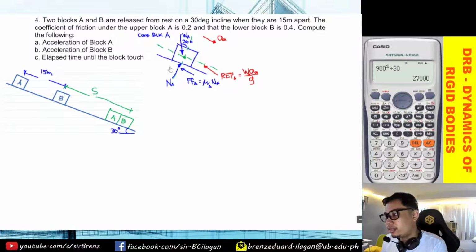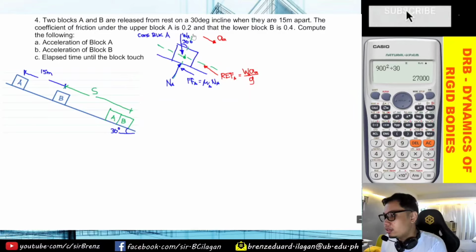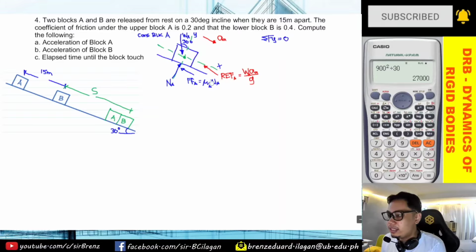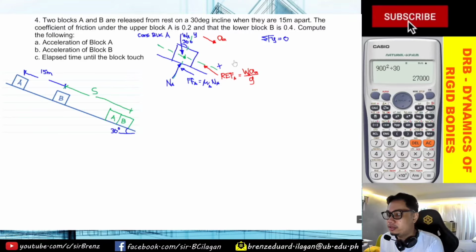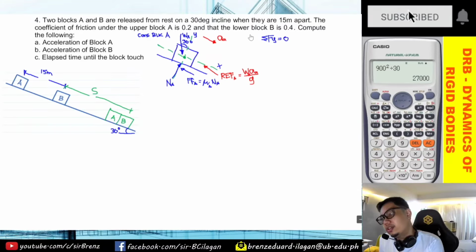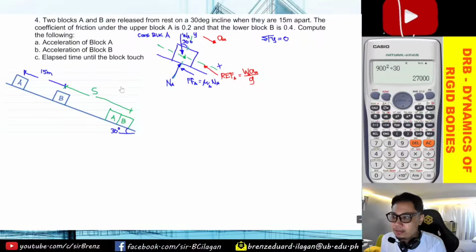Let's start with the summation of forces in Y. Let this be Y and this be X. In the summation of forces Y, we will not yet use the REF or the dynamic equilibrium equation, D'Alembert's. We are just using summation of forces Y to solve for NA with respect to the weight of block A, WA, since no value was given in the problem.